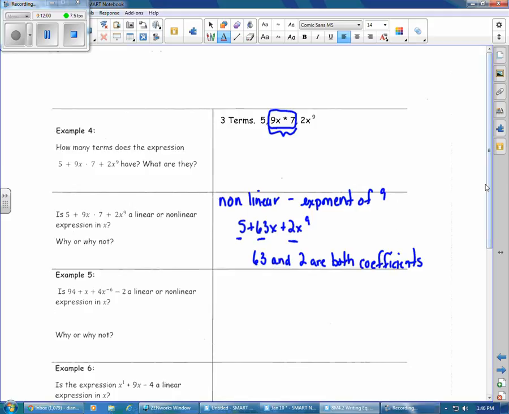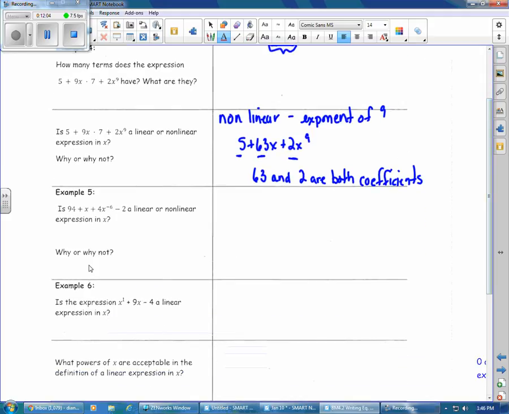Example 5. Hopefully you're looking at example 5 and you can answer the questions without me saying a word. Is it linear or nonlinear? 94 plus x plus 4x to the negative 6 power minus 2. It is nonlinear, because it has an exponent of negative 6.